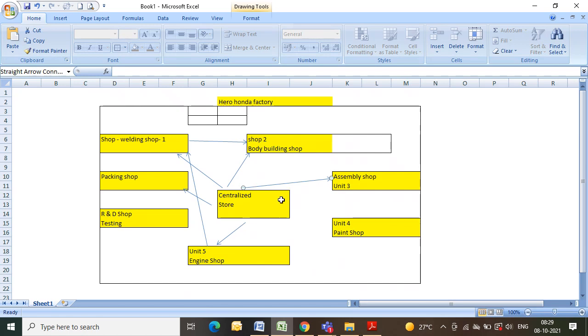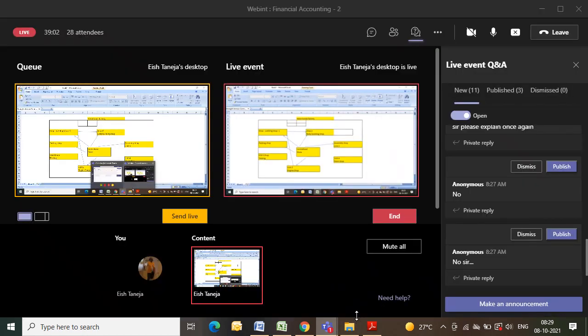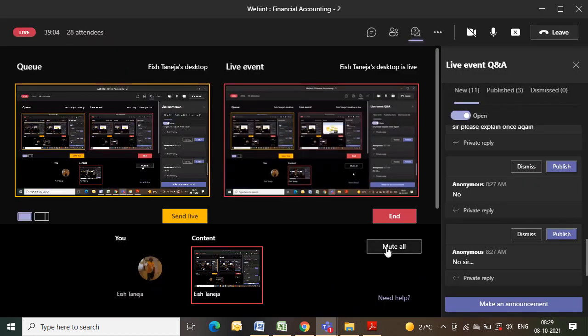This store caters to all the units and they also manage inventory at one level. This is an example of how all big operations in a factory happen. Any question up to now?